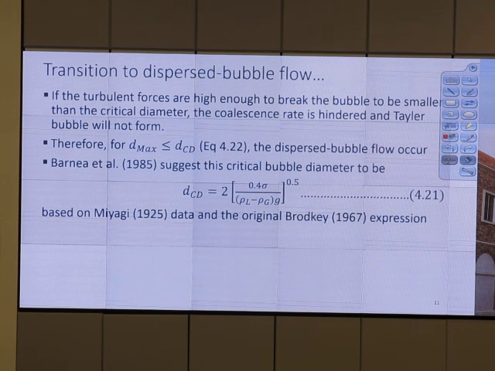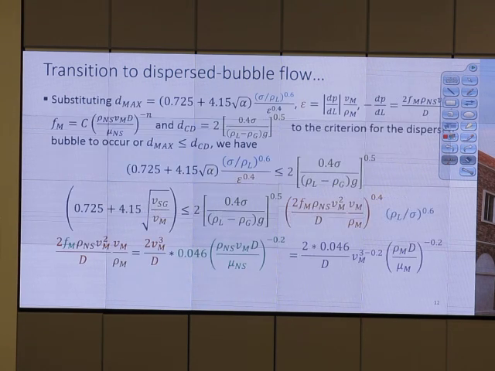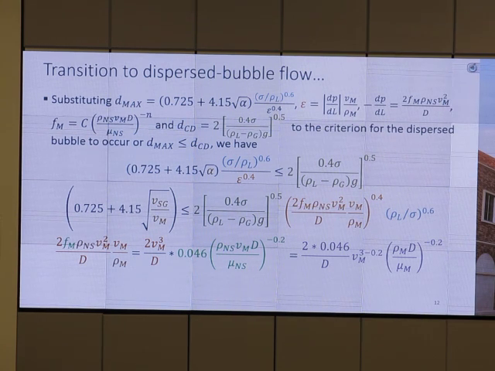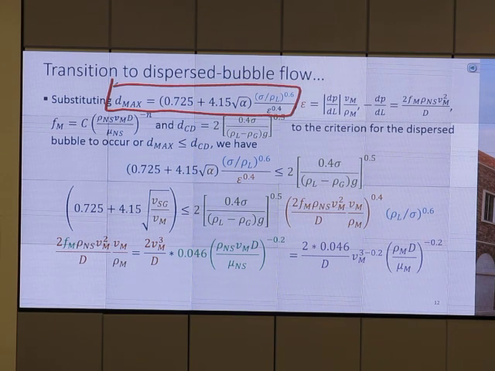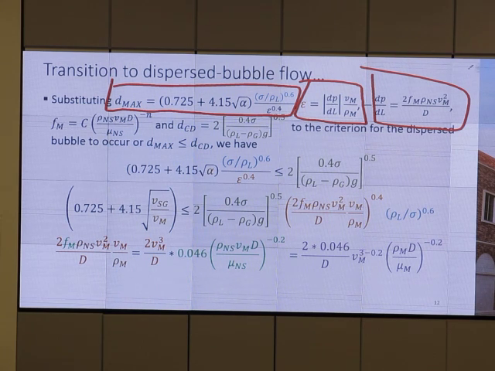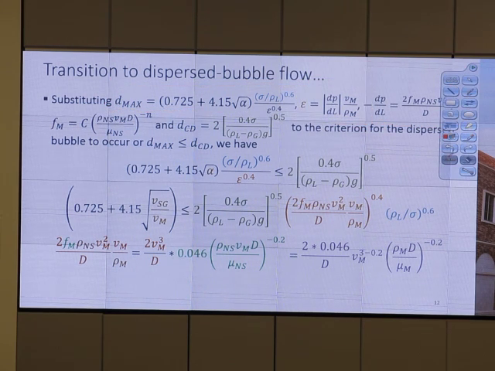And we have the combined form. Previously we know D max is that expression, and we know epsilon is dP/dL multiplied by V over rho, and dP/dL is that. Put everything together and use D max smaller than D critical as the transition criterion.